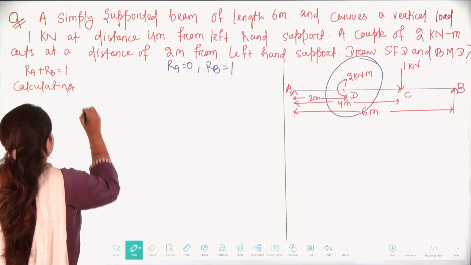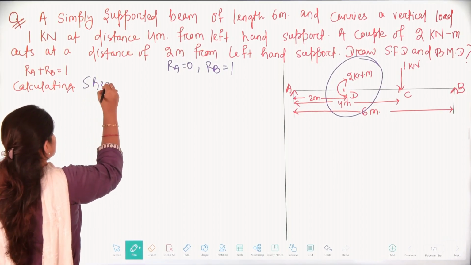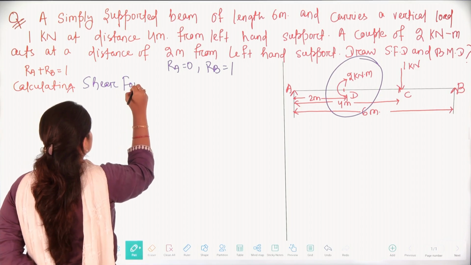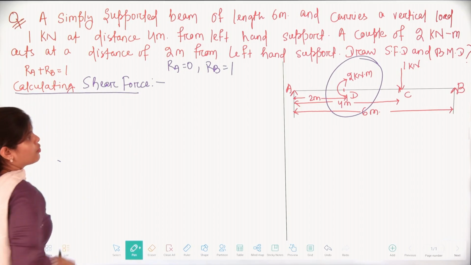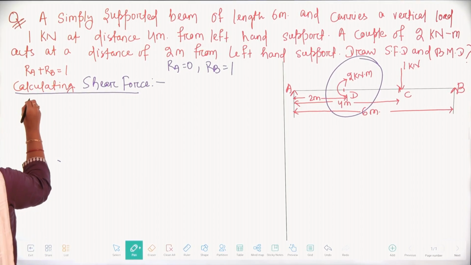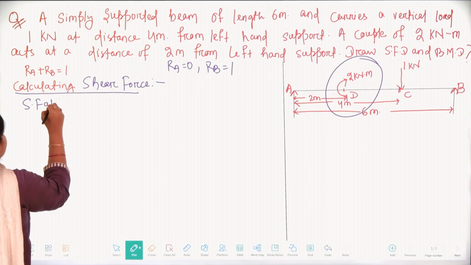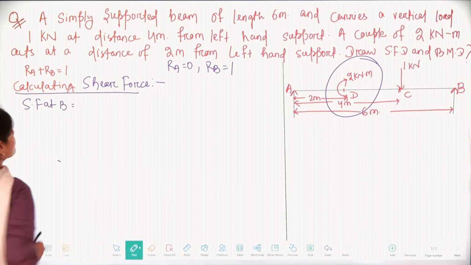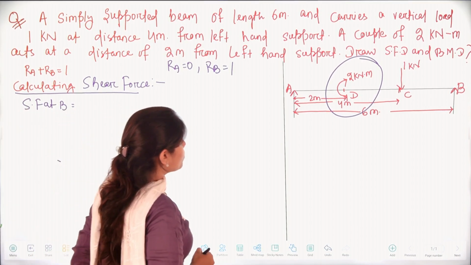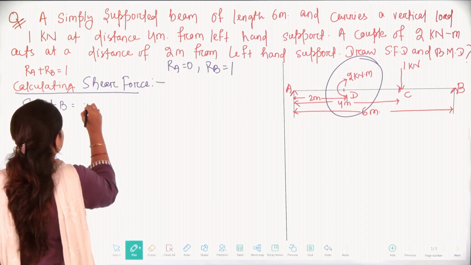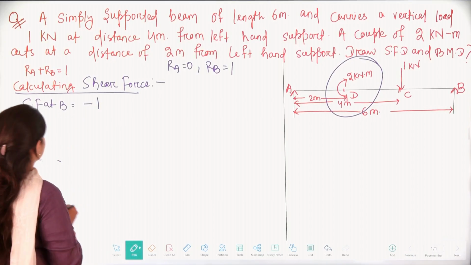So calculating shear force first. Shear force at B. We know that RB equal to 1. So shear force at B will be negative of RB.